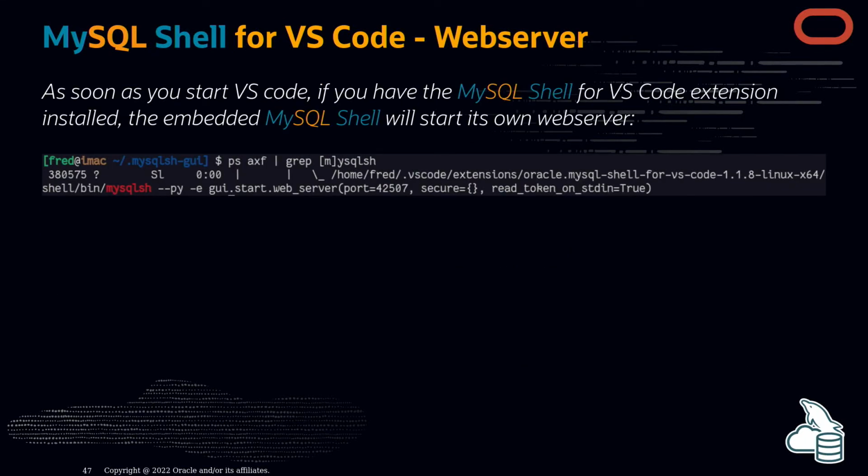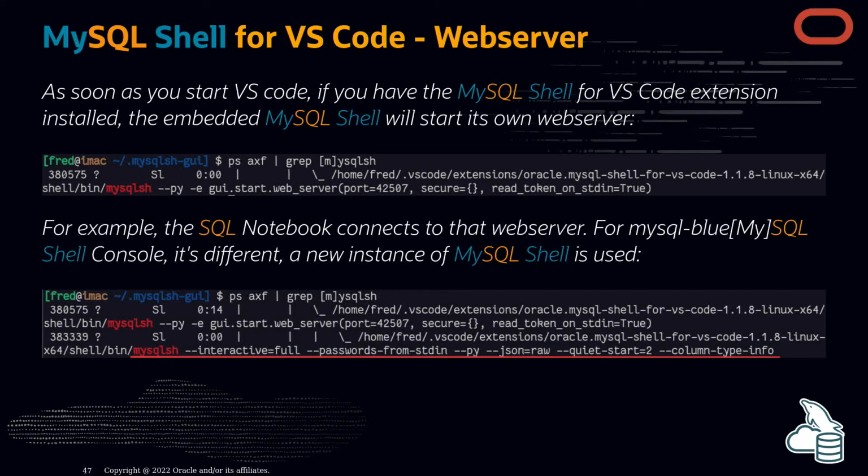So when you install the extension and start Visual Studio Code, MySQL Shell will be running. You can see this is the status. You will have one MySQL Shell instance running in the background all the time. Then you connect to it using what we just showed, and the notebook connects to that web server.